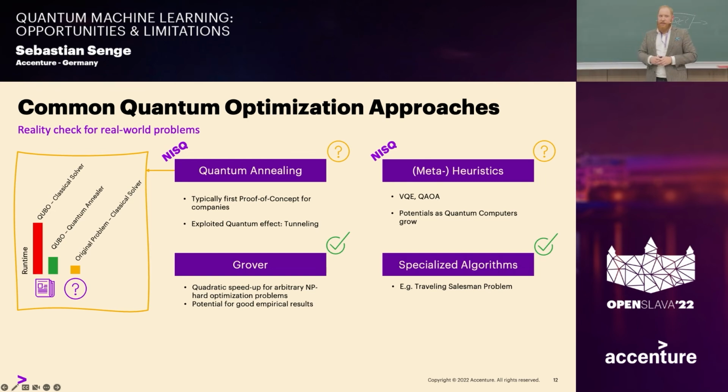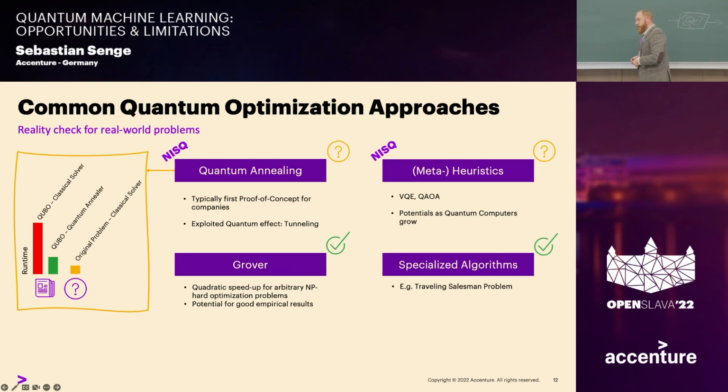But this is definitely something where a lot of things will happen in the near future, right? And then Grover, we talked about that. Yes, there is some proof that is pretty clear. Once the quantum hardware matures in a way that we have enough qubits, we can definitely run large instances on that and then gain this quadratic speed up from that algorithm. And of course, we have these specialized algorithms. So for example, TSP.